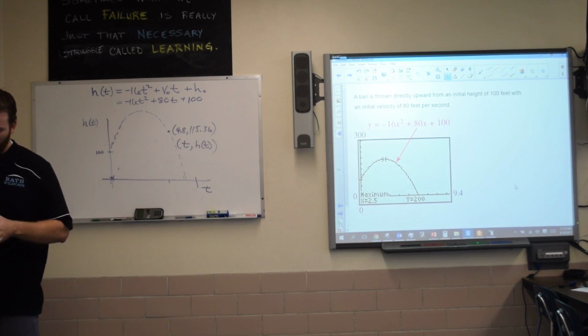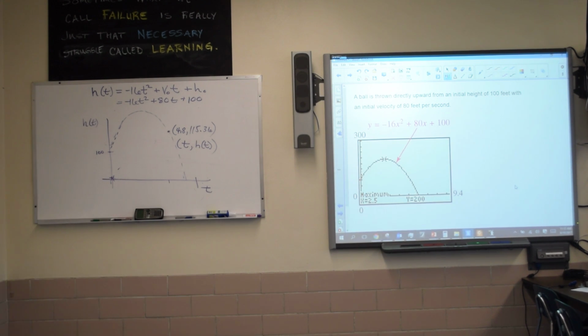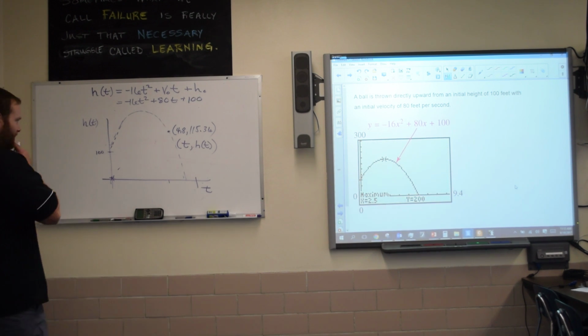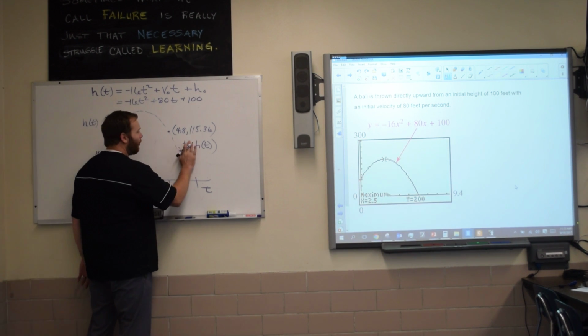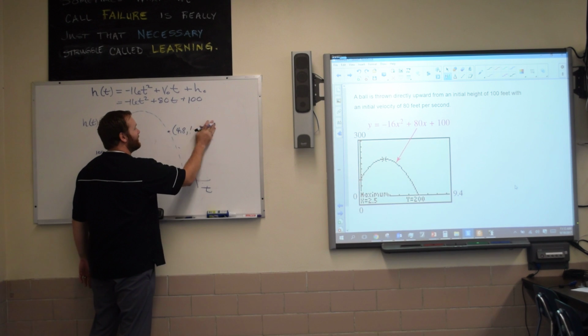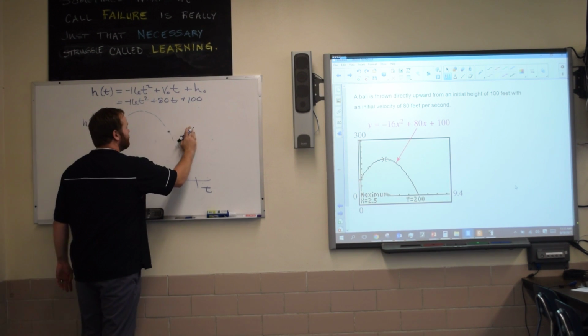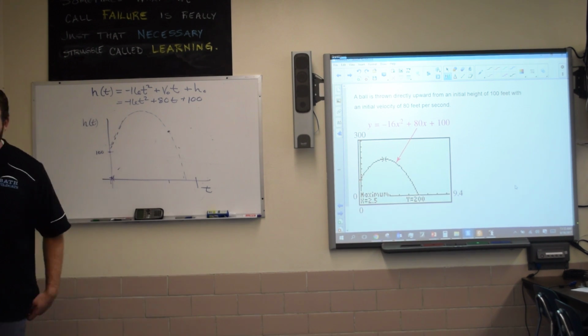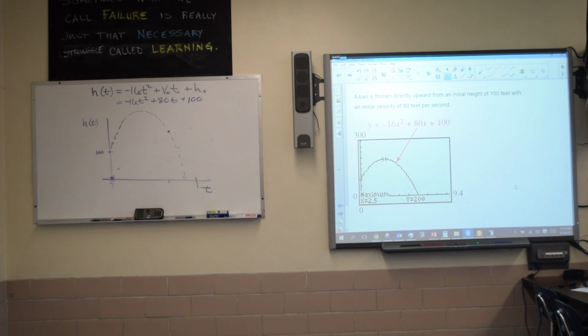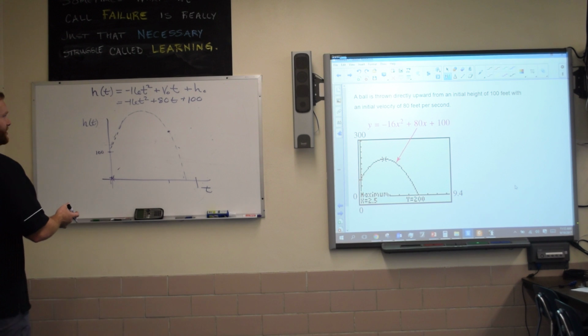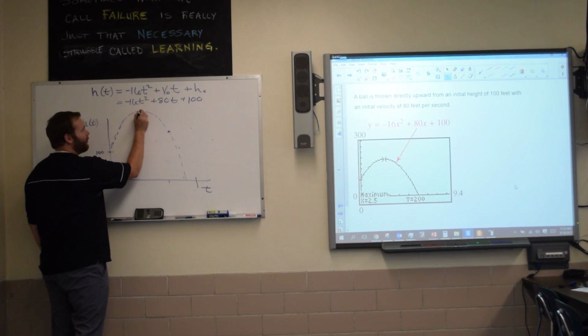And that's very important that we understand that, and we can use that information now to learn other things about our graph. One of the first things I want to talk about, which we didn't talk about yesterday, is how we can find the vertex, the highest point on this curve, every single time. So that point right there.